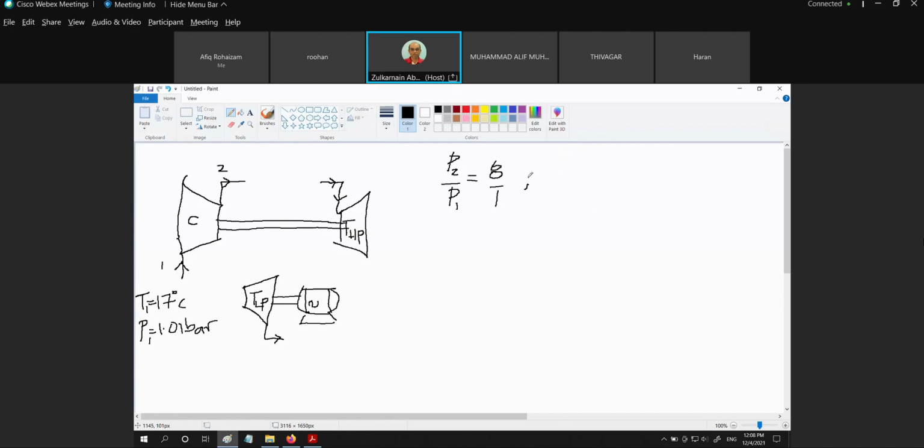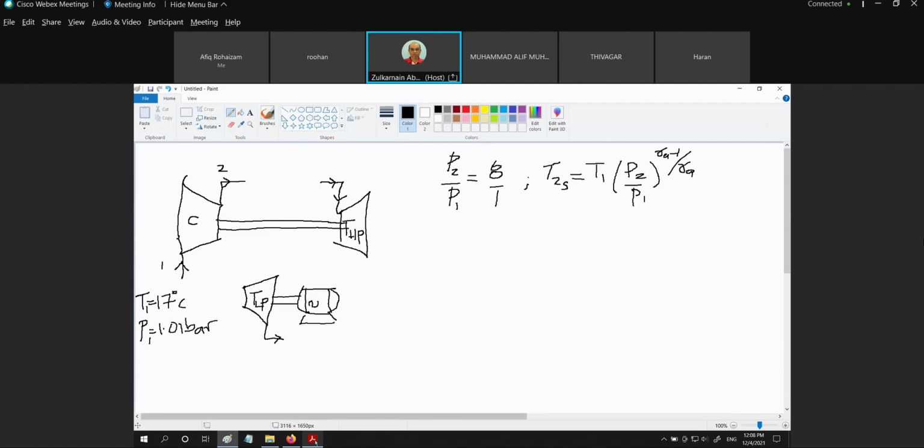Let's say we take T2S. This is state 2, right? And we know that the compressor has isentropic efficiency. So we could get our T2S first. T2S equals T1 times P2 divided by P1 to the power of gamma a minus 1 divided by gamma a.